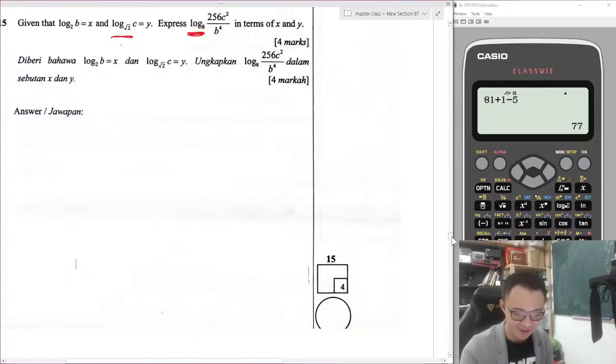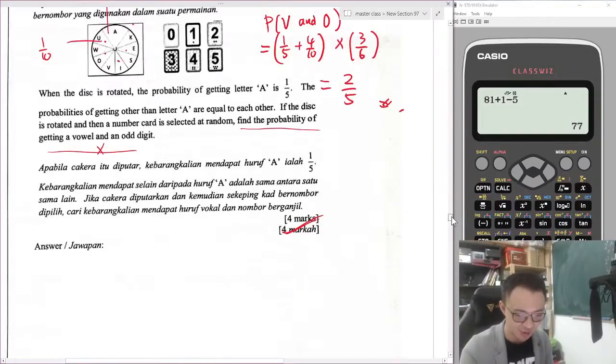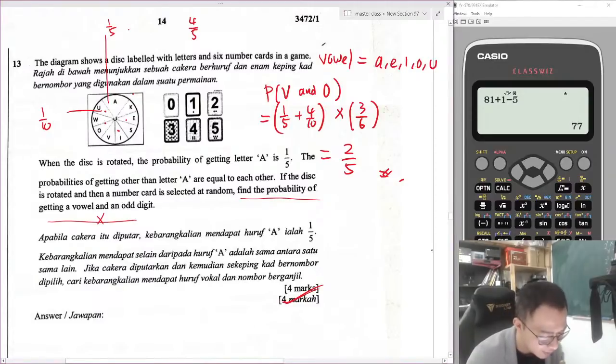So just now question 13, the marking scheme is 3 over 10. Really? I never checked the marking scheme for this one, but it's 3 over 10. If the disc is rotated and then a cut is selected, find the probability. The probability is 1 over 5 plus 1.